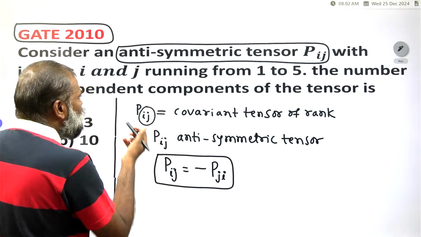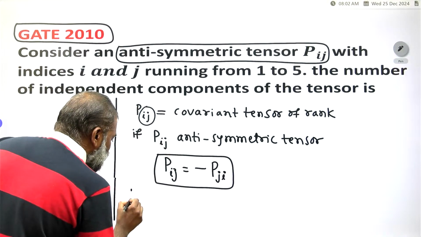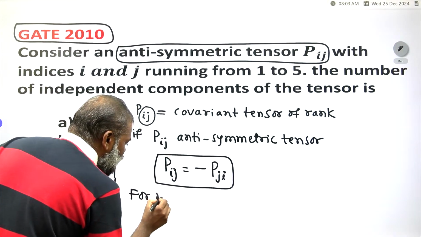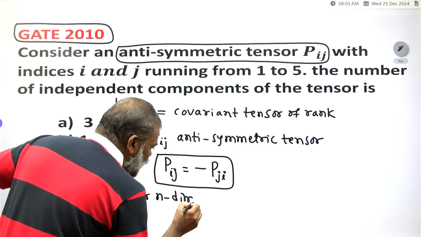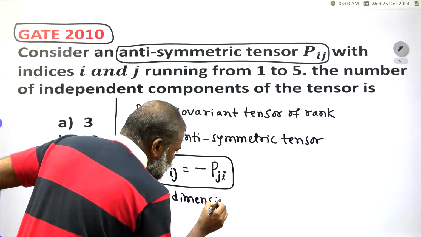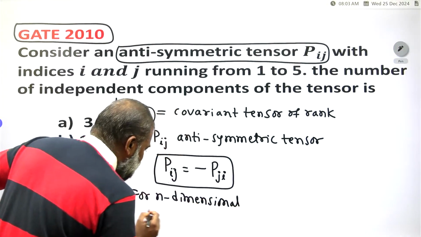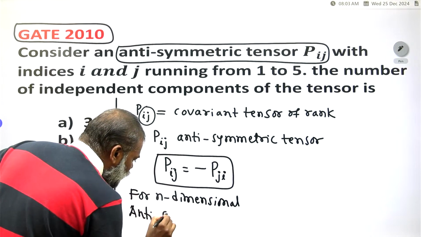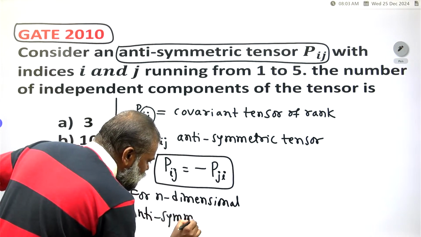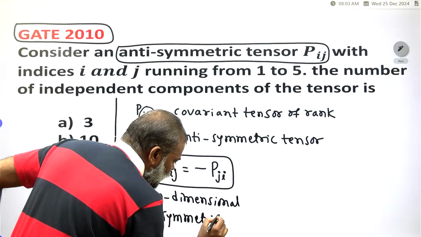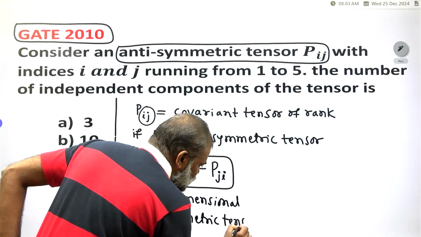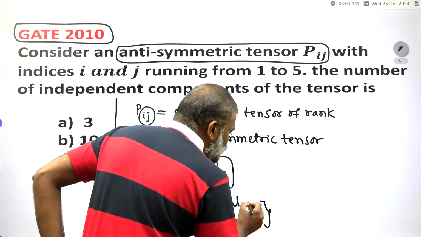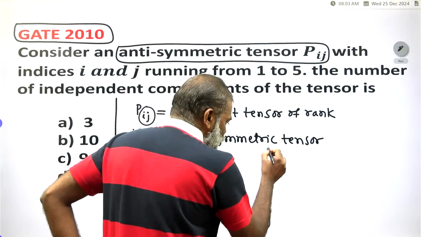Now for an n-dimensional anti-symmetric tensor, what is the number of independent components?